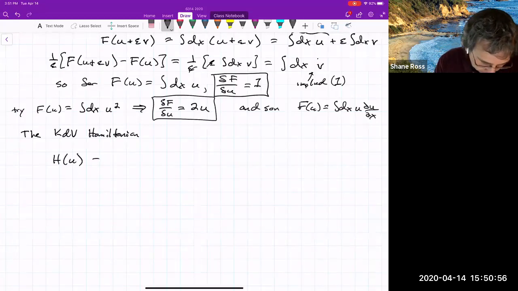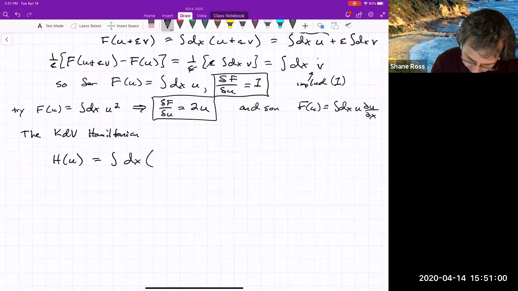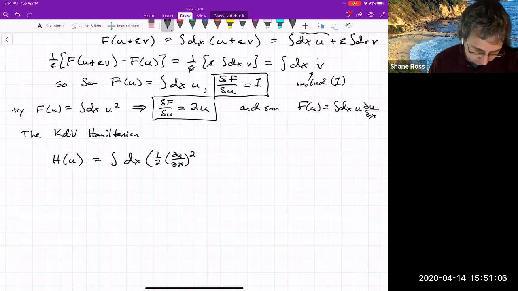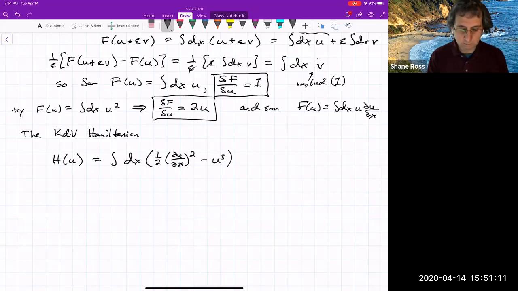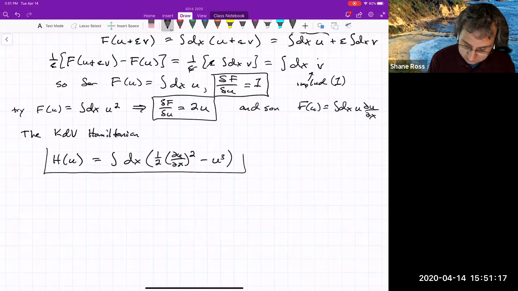Here's the Hamiltonian: the integral over all of space of 1/2 partial u partial x squared minus u raised to the third power. That's it. It does not look like kinetic energy, and it's not kinetic energy.